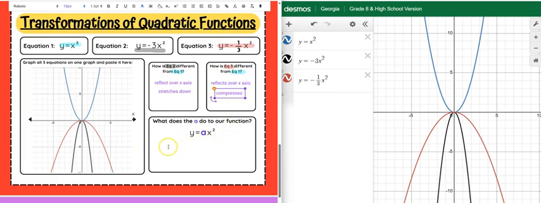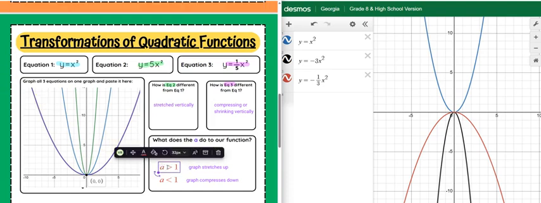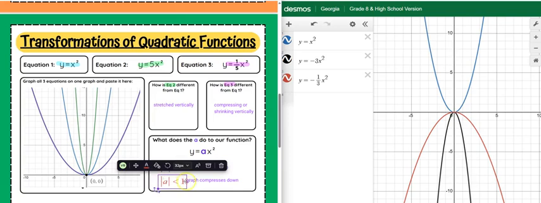So I'm actually going to go back and show you something real fast. Up here we had A is greater than 1 and A is less than 1. I really need to put absolute value bars around it, because it's really if the absolute value of A is greater than 1 and the absolute value of A is less than 1. The negative does a different job.